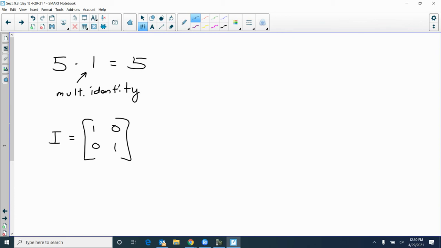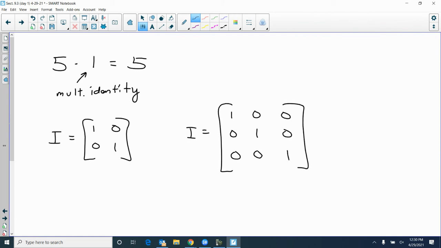If it's a 3 by 3, it's 1, 0, 0, 0, 1, 0, 0, 0, 1. You just have ones down the diagonal. That's what's going to do that. You can only have an identity for square matrices: 2 by 2s, 3 by 3s, 4 by 4s.